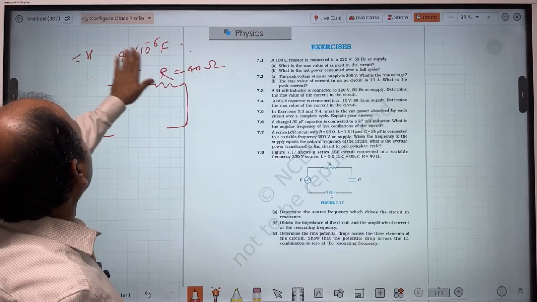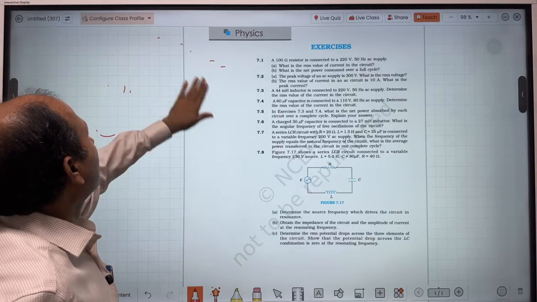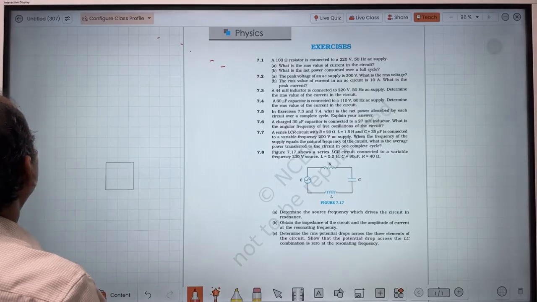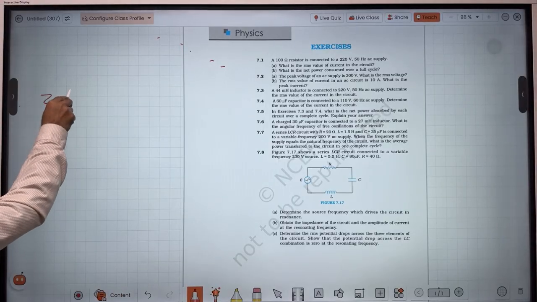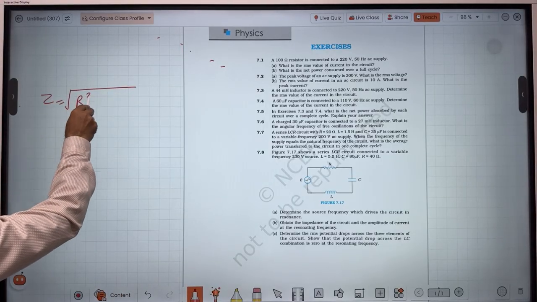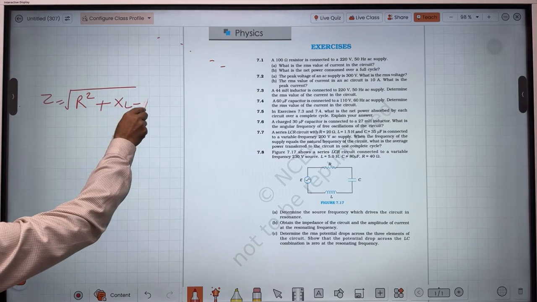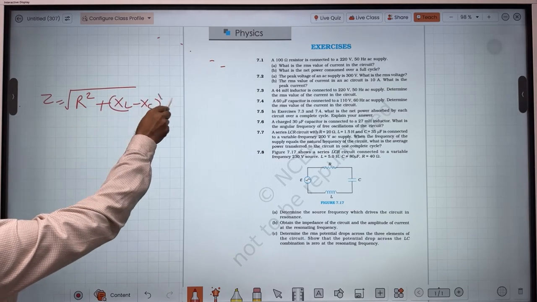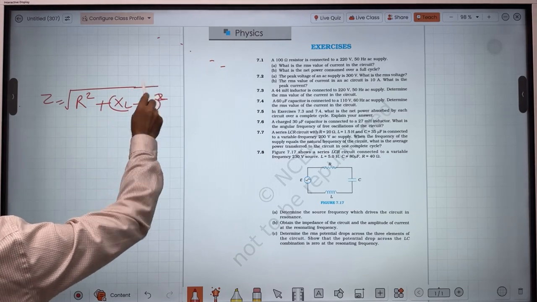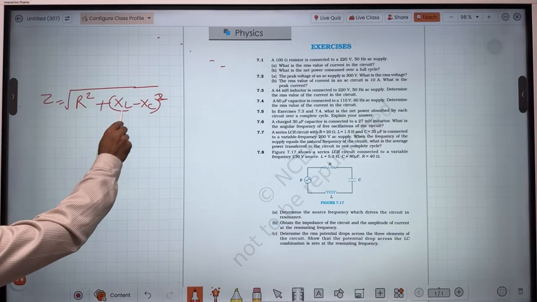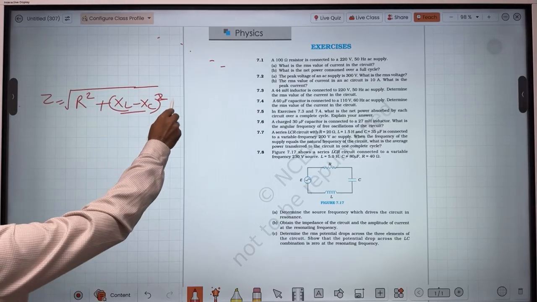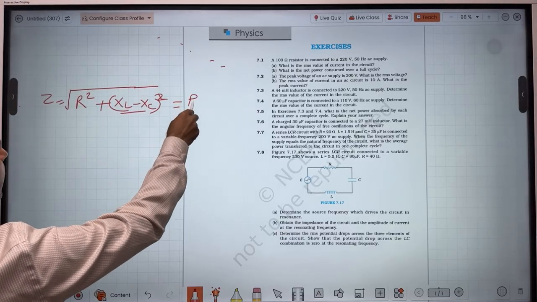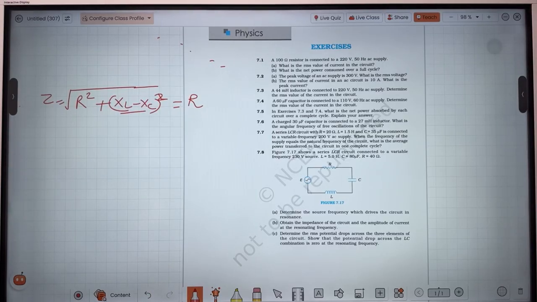Generally, if it is not a resonant condition, impedance will be given by Z equal to root of R square plus XL minus XC whole square. Since we are talking about resonant condition, this term will become 0. So we will get Z equal to R.